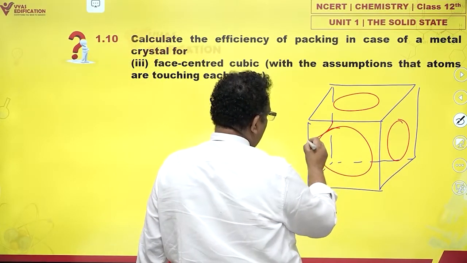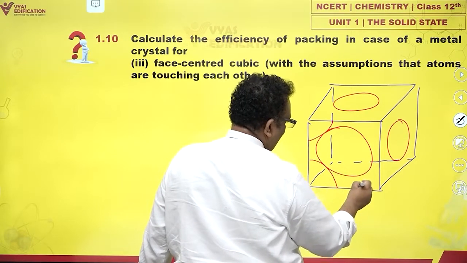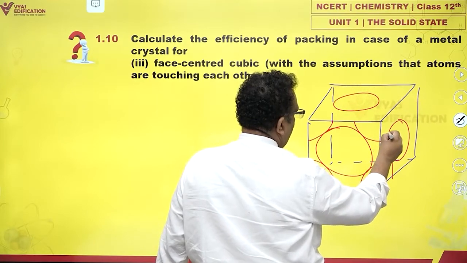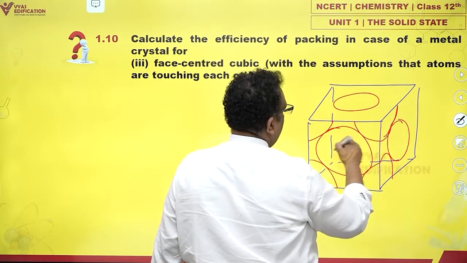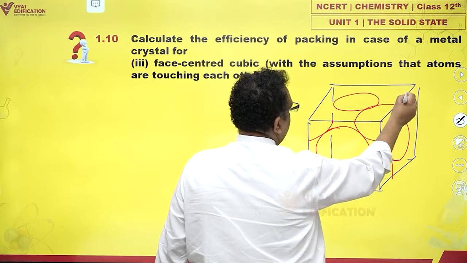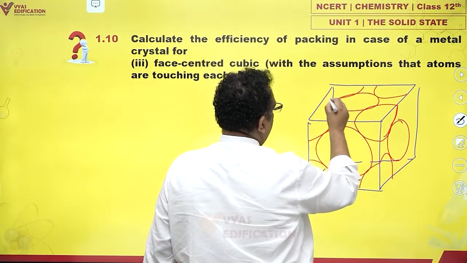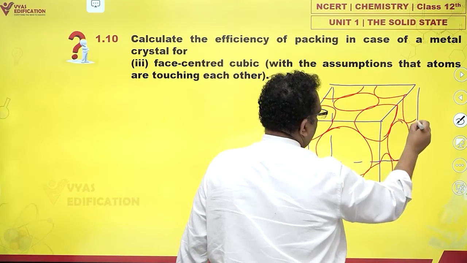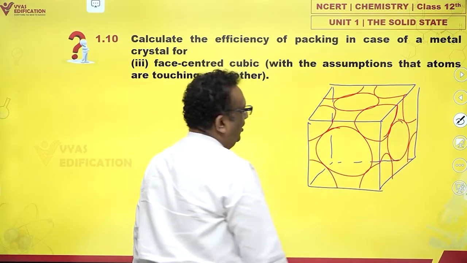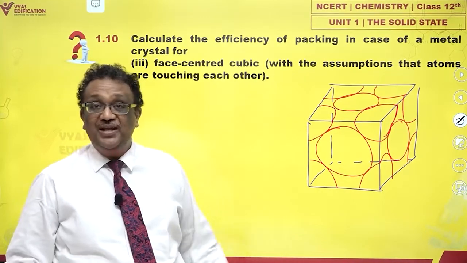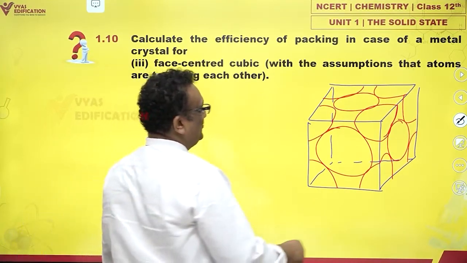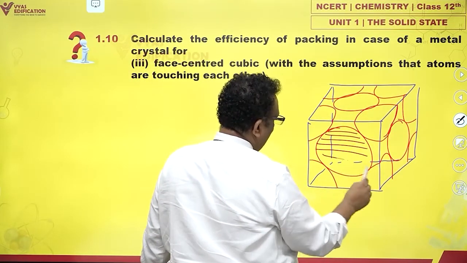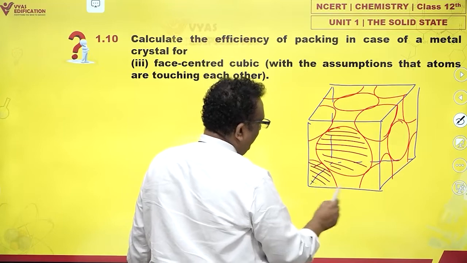We will have the corners. Just take a look like this. Oh wow. This is what FCC looks like? Yes, my dears, this is what FCC looks like. You can shade it also in case you want to make it more prominent.